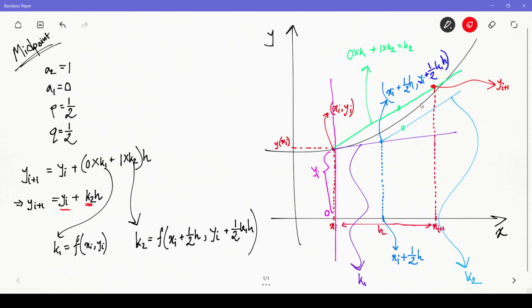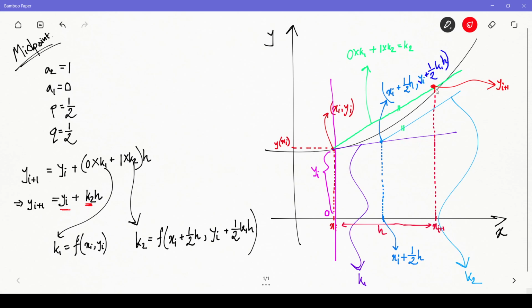So the green straight line over here has a slope of k2, right? And this h over here is our abscissa value, because we are progressing towards the right by h units in order to arrive at the point x sub i plus 1. We say that the value of the ordinate at this exact point x sub i plus 1 will be y sub i plus 1, which I will get by plugging in the corresponding values into this straight line equation.